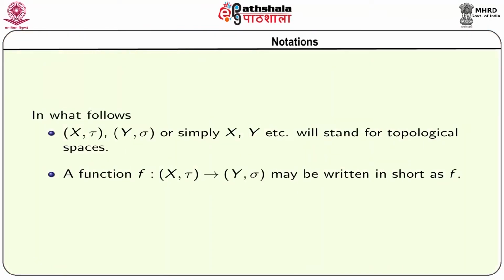In what follows, we shall denote topological spaces by (X, tau), (Y, sigma), or simply by X, Y, etc. Now, a function will be denoted by simply f without mentioning its domain or codomain.